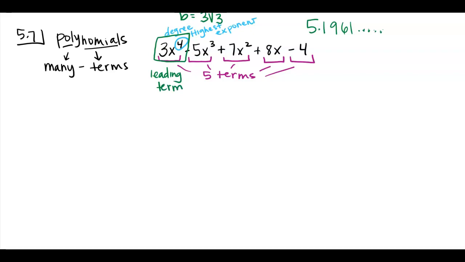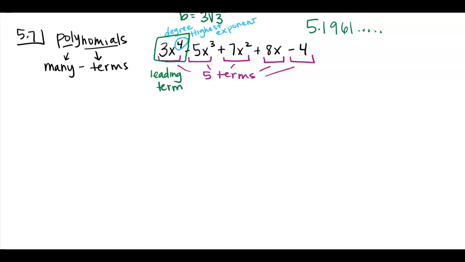So even if this was written in a different order, we'd need to write it in what's called descending order, and we'll do that as part of our examples, where we have the highest exponent, then the next highest, then the next highest. Sometimes there might not be an x squared term, and so we would just keep looking for the next highest. So this is the leading term.